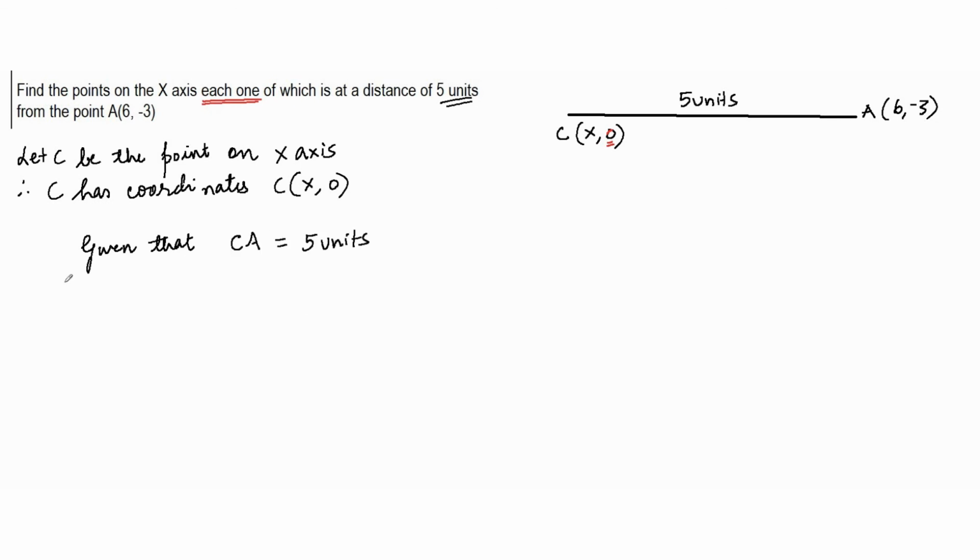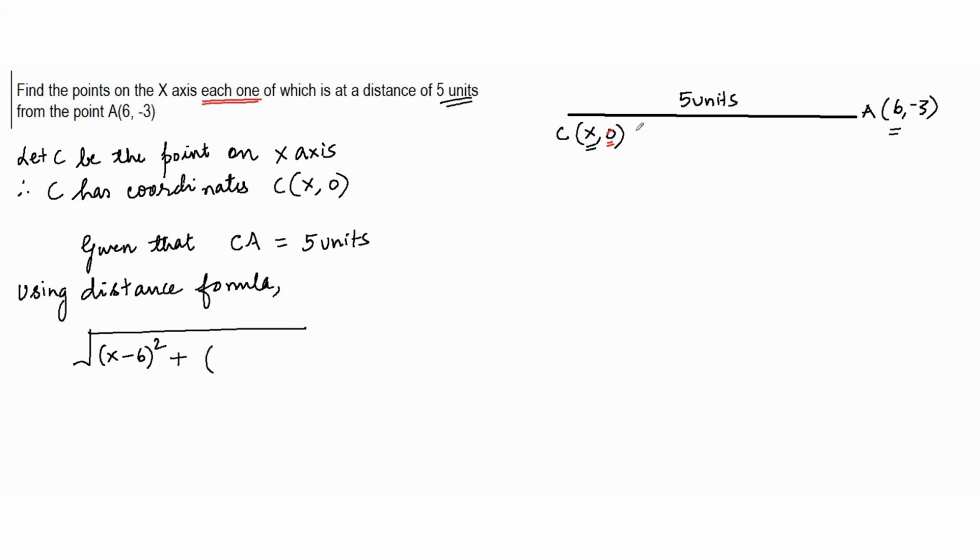Now using distance formula, the length of CA is going to be under root of the difference between the x coordinates, which is x − 6. So that's root of (x − 6) square plus the difference in their y coordinates, which is 0 − (−3).